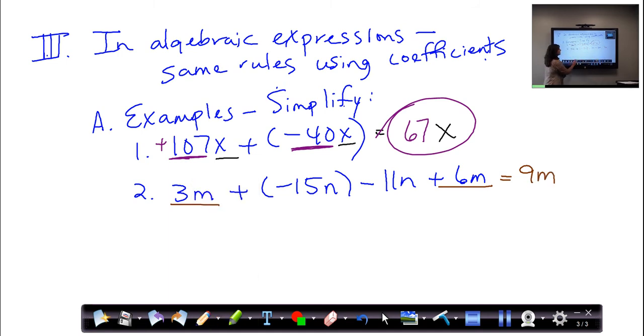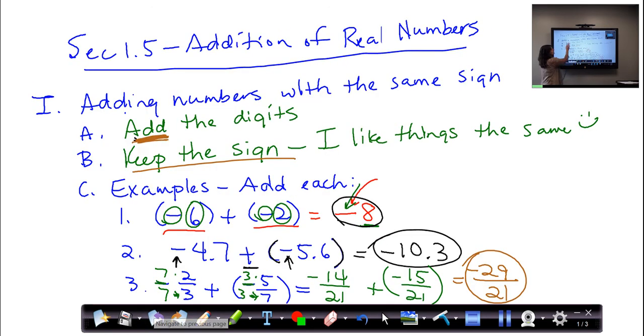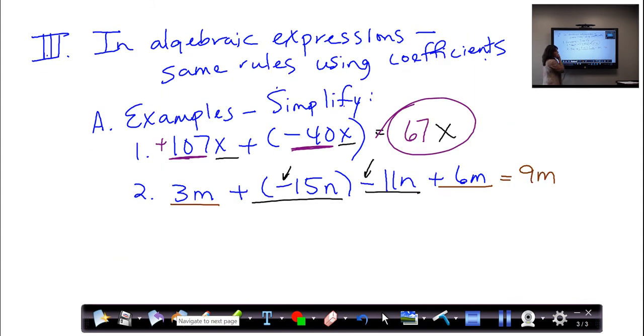Now, as I look at the rest of it, I go, wait a minute, here's an n, here's an n. Notice that these signs are the same. I've got a negative here, and I've got a negative here. When the signs are the same, remember, all we have to do is add up those digits and keep the sign. Those are easy. So, I'm going to add up the digits 15 and 11, completely ignoring the sign. 15 and 11 is going to be a 26.